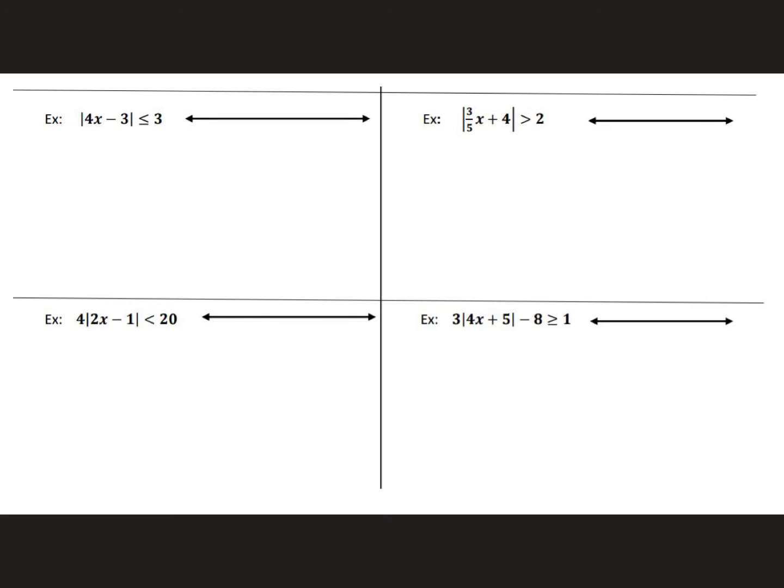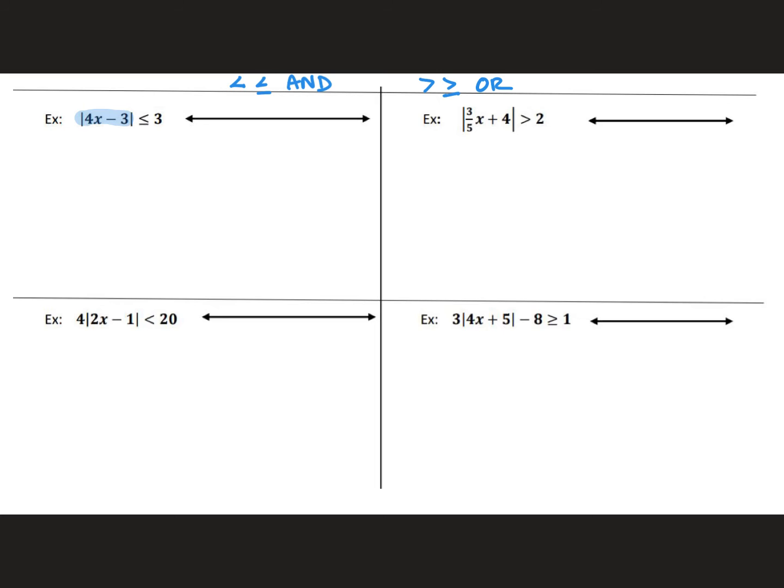Now for our examples. I'm going to remind myself here that if I have less than or equal to, that's an "and" inequality. If I have greater than or equal to, that will be an "or." So here on the first example, I would begin the same way we would with equations.